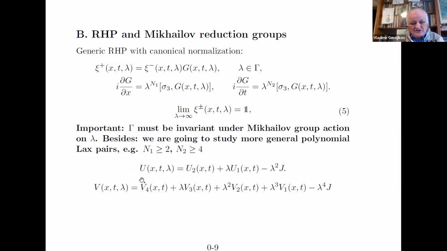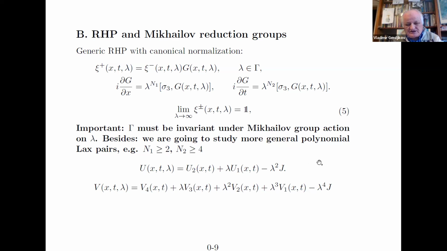For example, U, the L operator, will now be a quadratic polynomial in lambda, and V will be a polynomial of degree 4. Note that these two polynomials must take values in the symmetric space, and because we are dealing with multi-component NLS equations, we have here J and lambda to power 4, J again.